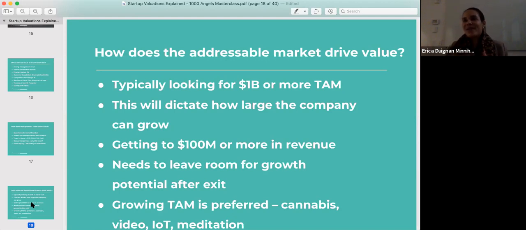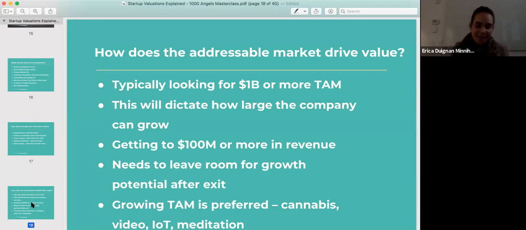They want to make sure that when they go through the hassle of making an acquisition, it's actually going to have an impact on their overall bottom line, which is probably already huge. So when they make the acquisition, the company needs to be of sufficient scale, but there also needs to be room for growth after that exit.